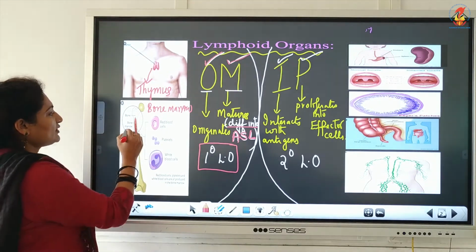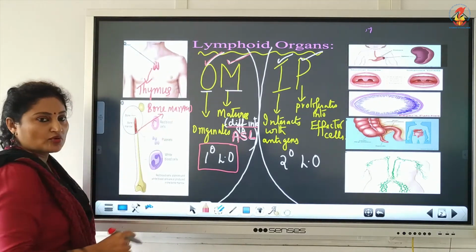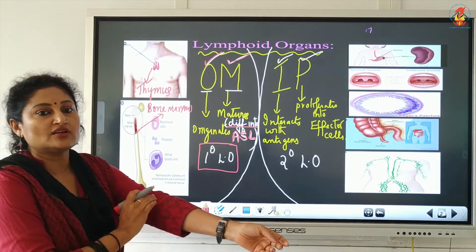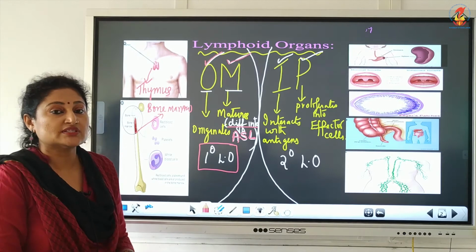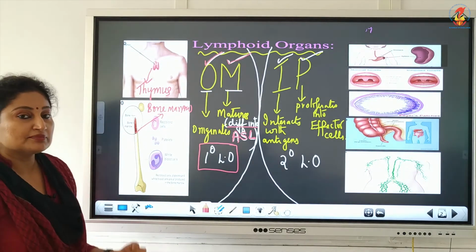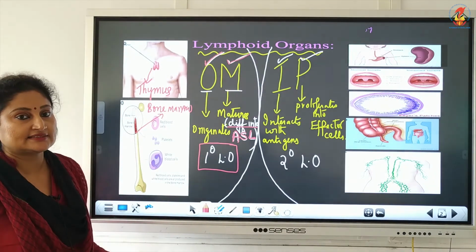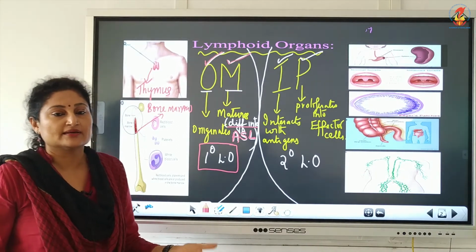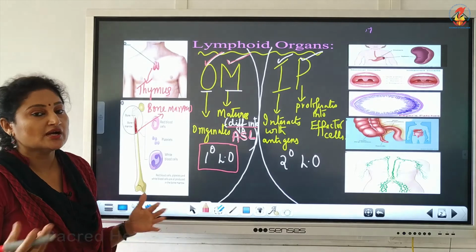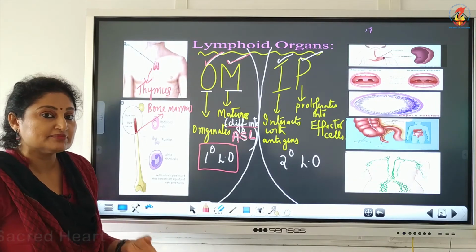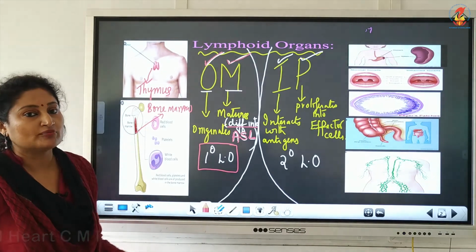Next, bone marrow. We know what is the bone marrow. It is a spongy tissue found inside the long bones. And the function of the bone marrow is that they produce the RBCs, WBCs and platelets. The formed elements of our blood, namely RBCs, WBCs and platelets are produced in the bone marrow. So, we can call them the stem cells of the formed elements.